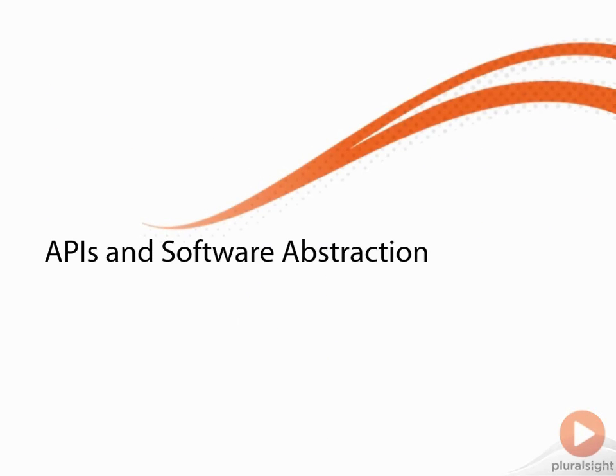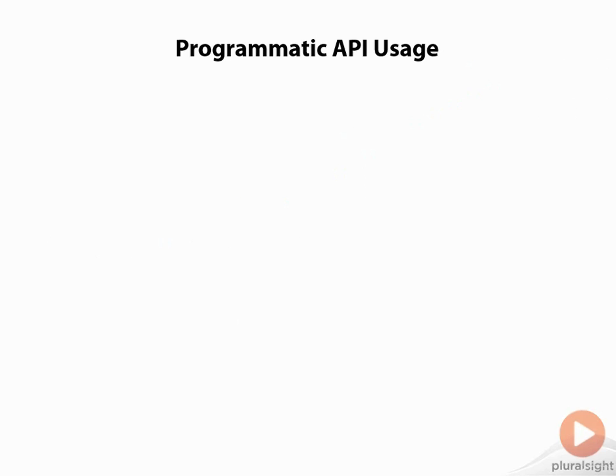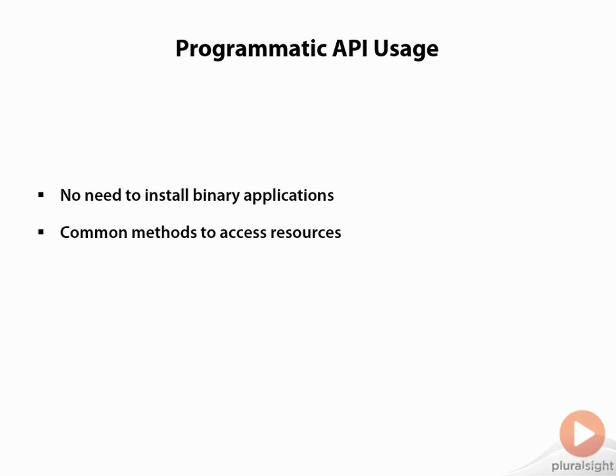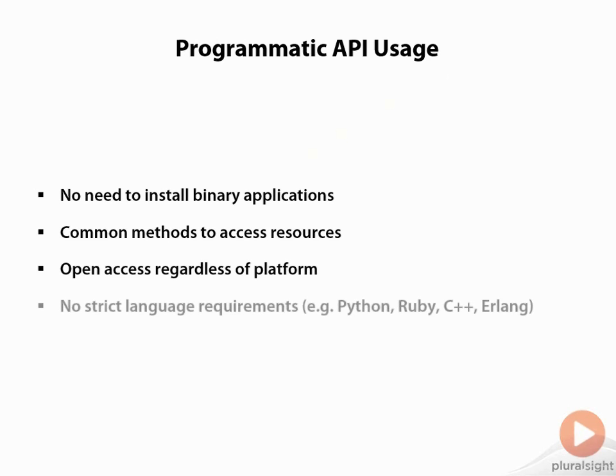Next, we're going to talk about APIs and the software abstraction layer. When we talk about an API, it's an application programming interface. Now, when we use APIs, the advantage to this is it has a few important criteria. We don't need to be using traditional binary applications to use it, so we can consume that API using any number of methods.